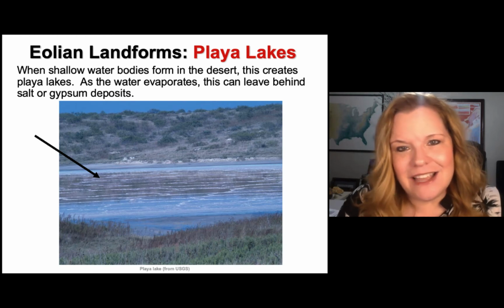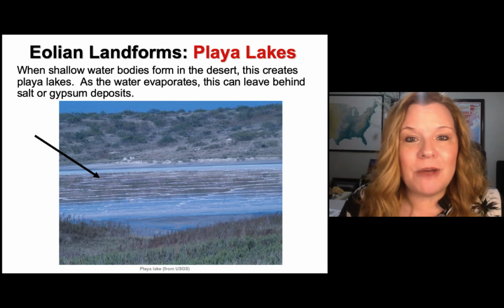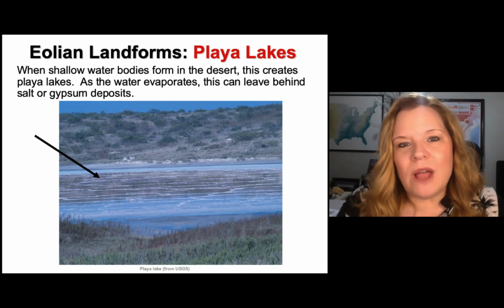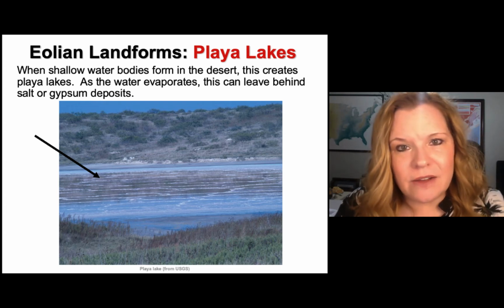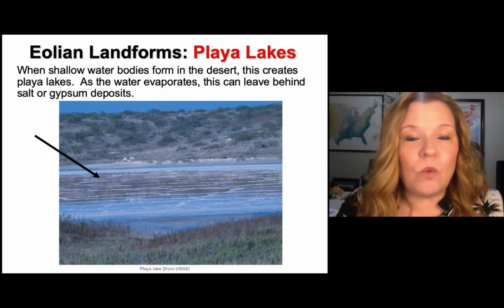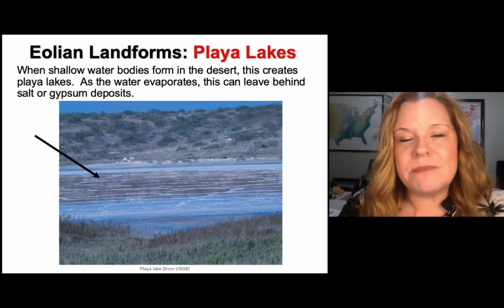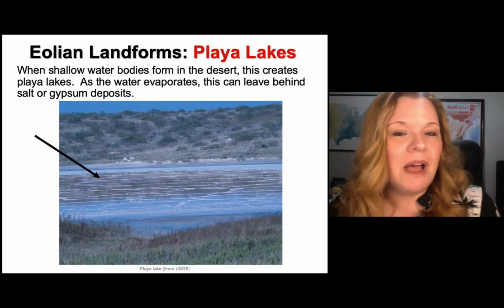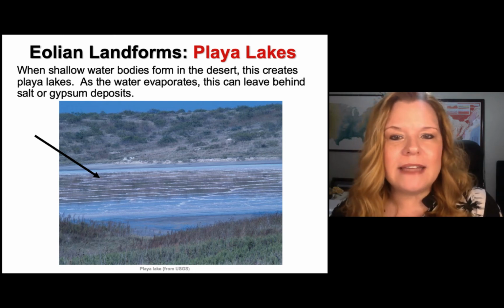Playa lakes. We actually have these in Texas, and you can see them out by Lubbock and Amarillo. What will happen is either rain or groundwater will fill up a small flat, depressed area, and you'll get water temporarily. This becomes an important water resource, especially for wildlife, and as it evaporates, it can leave behind evaporite deposits such as gypsum or salt, halite.